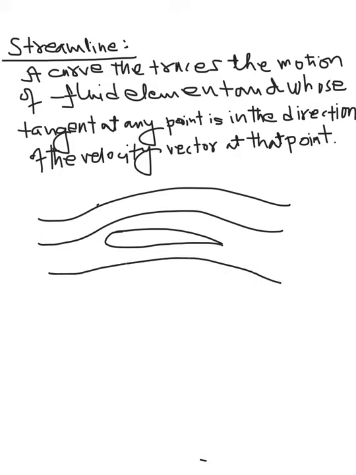However, for my streamline, the tangent at a point is in the direction of the velocity vector. At each point, if I draw a tangent, it will be the velocity vector for that point. If that is the case, then this line will be my streamline.